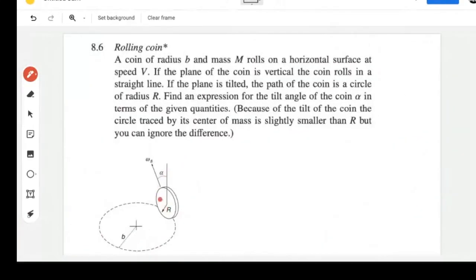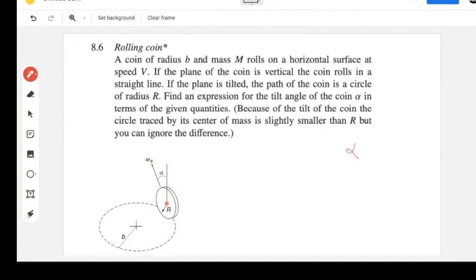There's a rolling coin which is tilted by some alpha. You need to find the tilt, the angle alpha, which is causing this coin to rotate in this path. B is the radius of the bigger circle, and R is the radius of the coin, and there's some omega s.